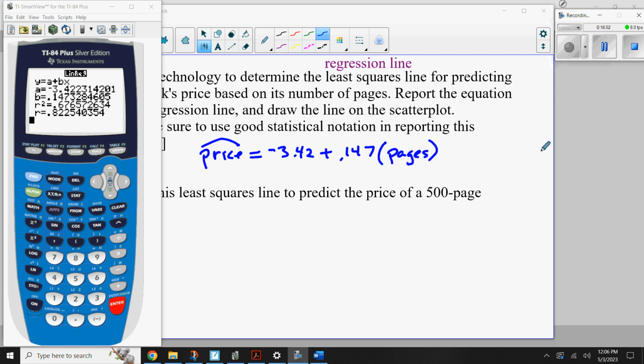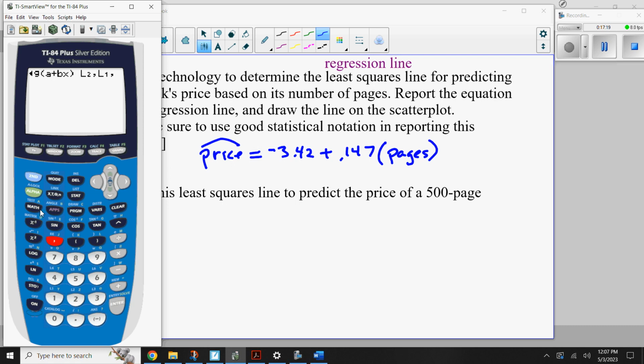But they're also saying to draw the line on the scatter plot. So we're going to learn a new trick for how to do that. I'm going to go stat, calc, and I'm going to pick 8 for my linear regression. And I'm going to do the same thing. I'm going to go second 2, comma, second 1, comma, and I'm going to add something now.